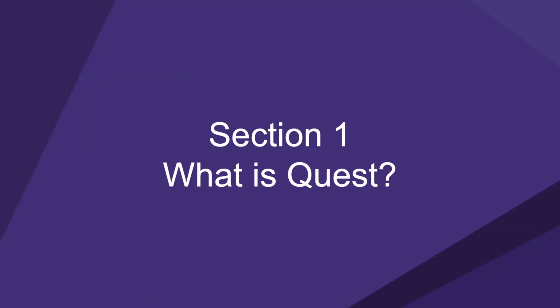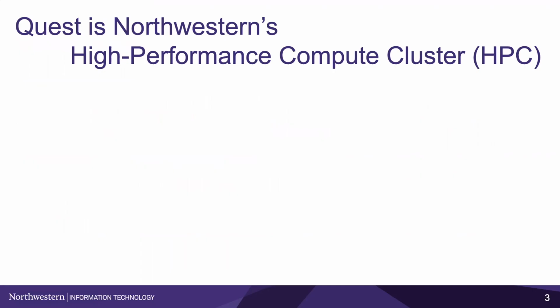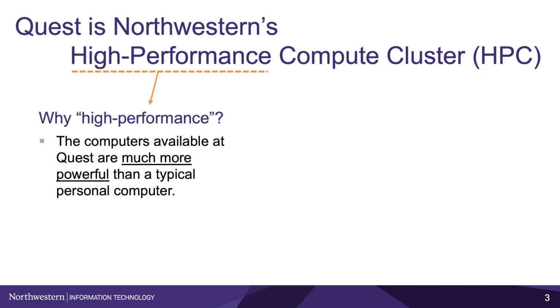What is Quest? Quest is Northwestern's high-performance compute cluster, or HPC. Now, this might sound like gibberish to some people, so I wanted to break this down for you. Quest is called high performance because the computers that are available at Quest are typically much more powerful than your personal device.